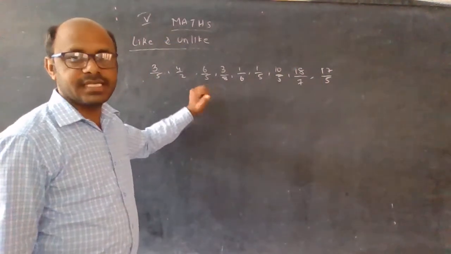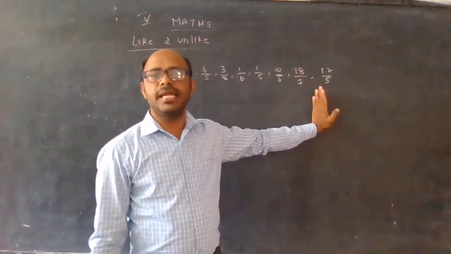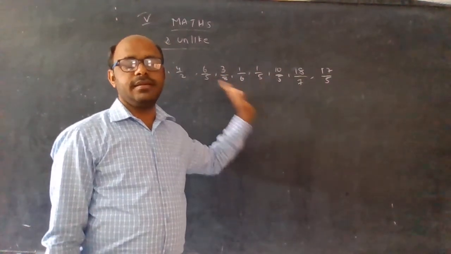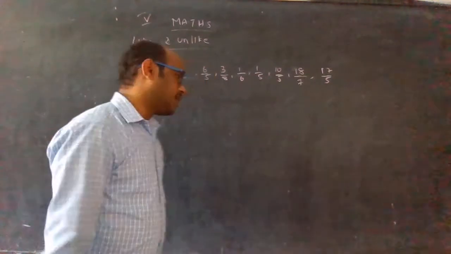In these fractional numbers, we have to separate those with the same denominator. Those fractions you write on one side, and the ones with different denominators separately.